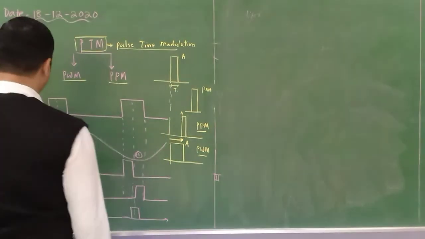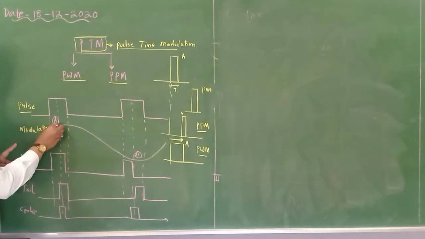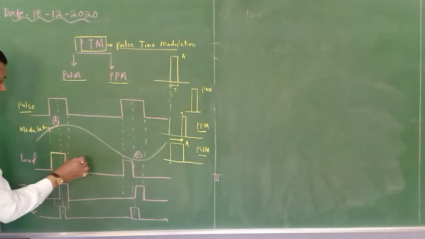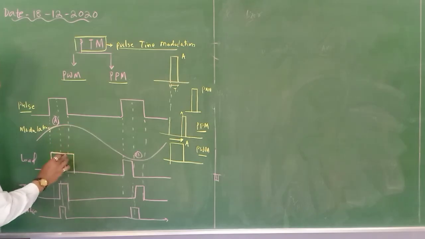So here, this is the trailing edge. You can see the modulating signal increases. If the modulating signal increases, your pulse width increases. So this is the first case. Only for one pulse I am considering. The pulse width will increase up to this much when it is at the maximum.